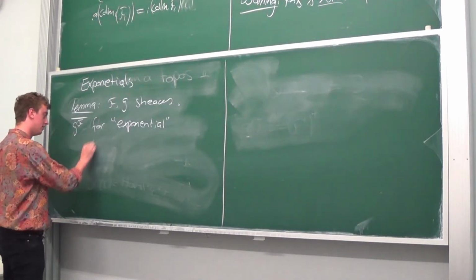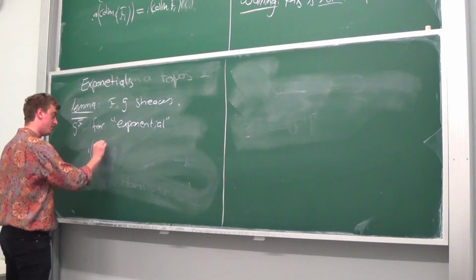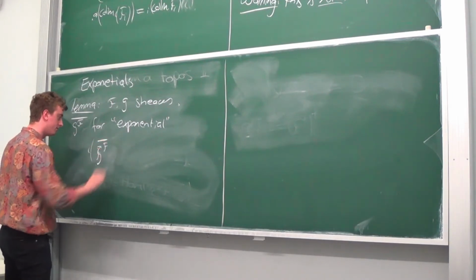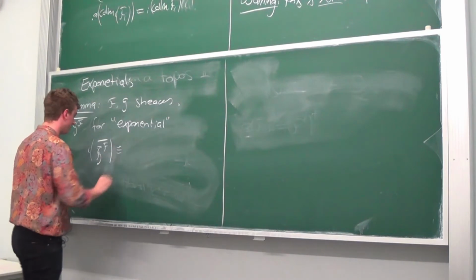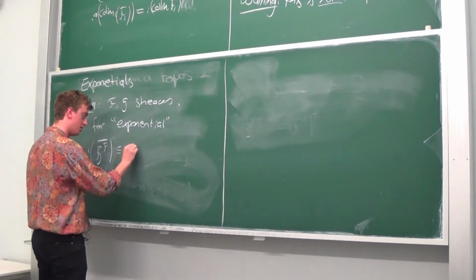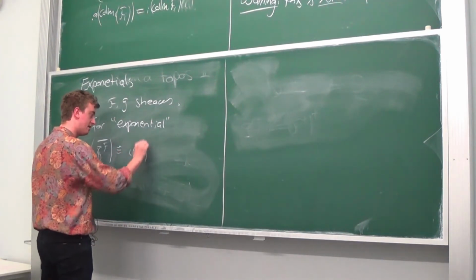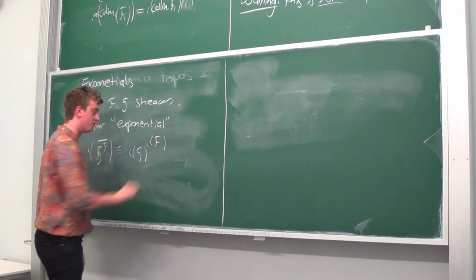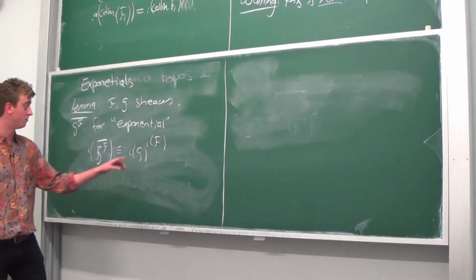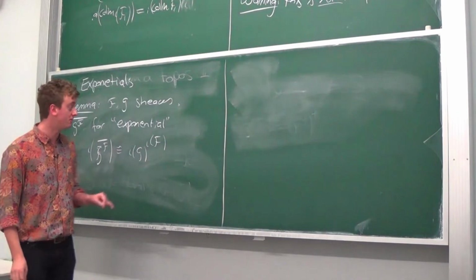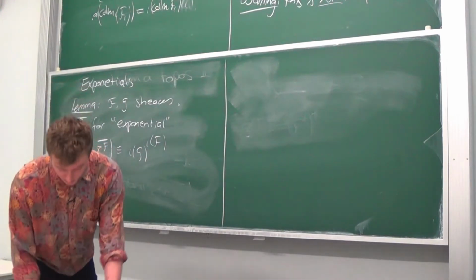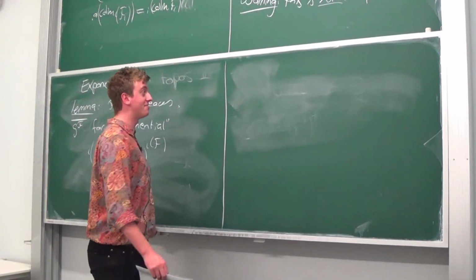So iota of the exponential object is going to be isomorphic to iota of G to the power of iota of F, the exponential object of the two pre-sheaves associated to these sheaves. It's a fun exercise to see why this is true.